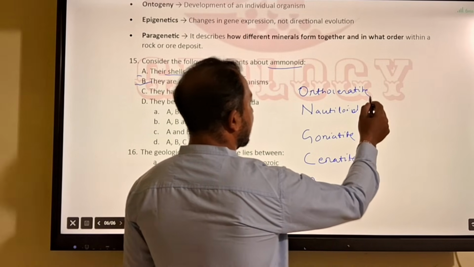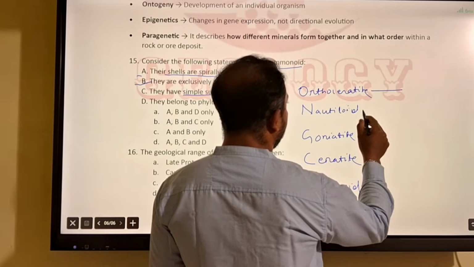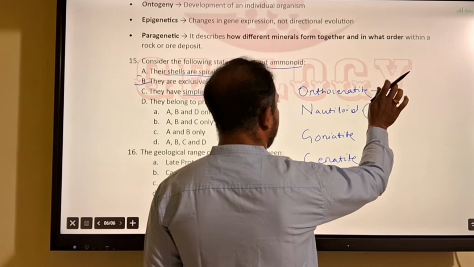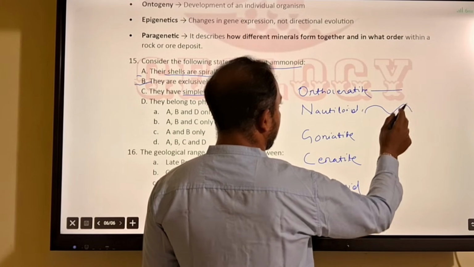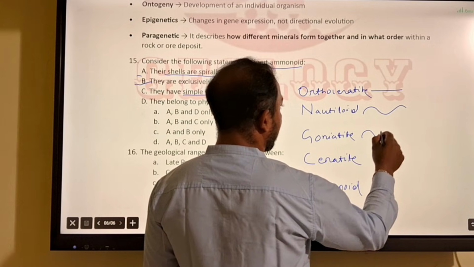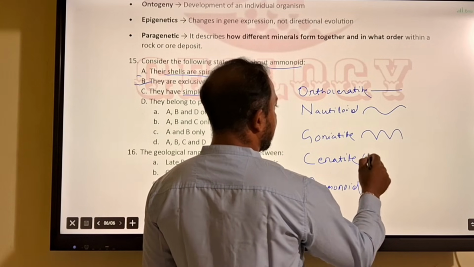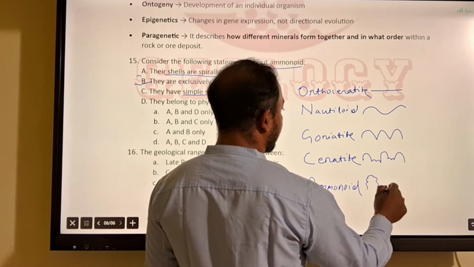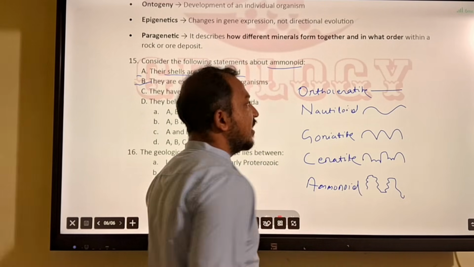In orthoceratite, it is simple and straight. In nautiloid, it is undulatory, or you can say like this. In goniatite, it is like this. In ceratite and in ammonoid, like this.